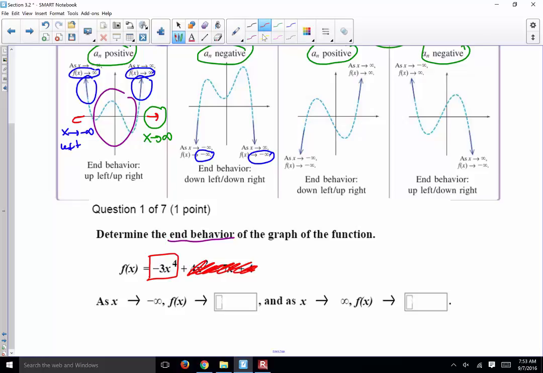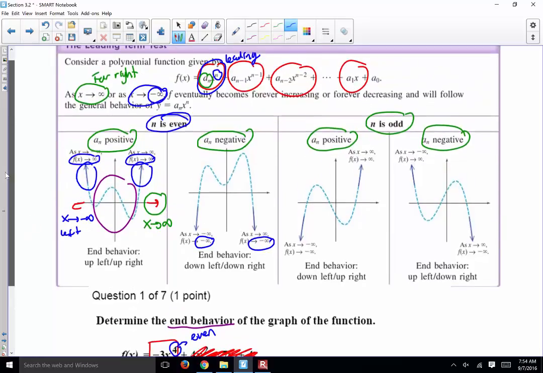And then, second, I decide whether this power is even or odd. That's the second step. Step 1, mark the leading term. Step 2, decide whether the number in the exponent is even or odd. So what kind of number is this? It's an even number. So which case are we going to choose?